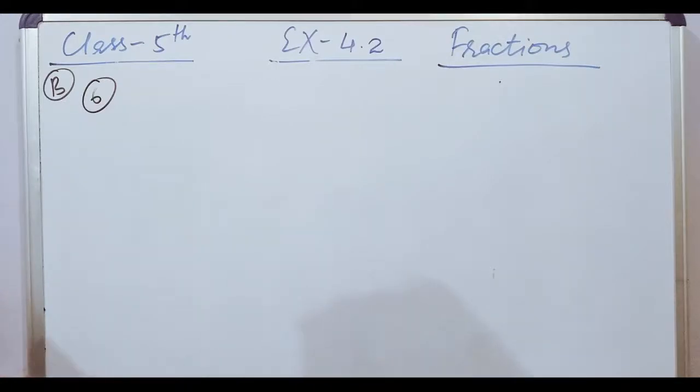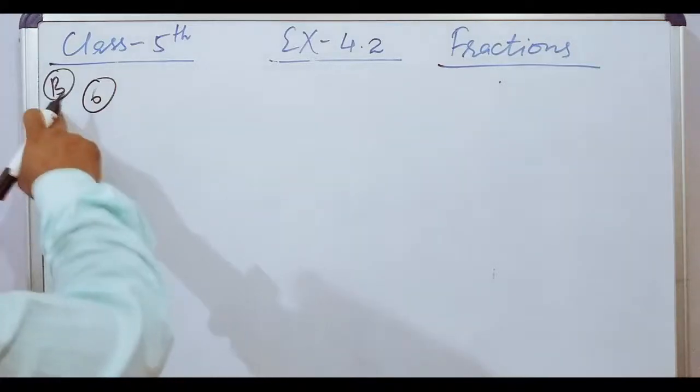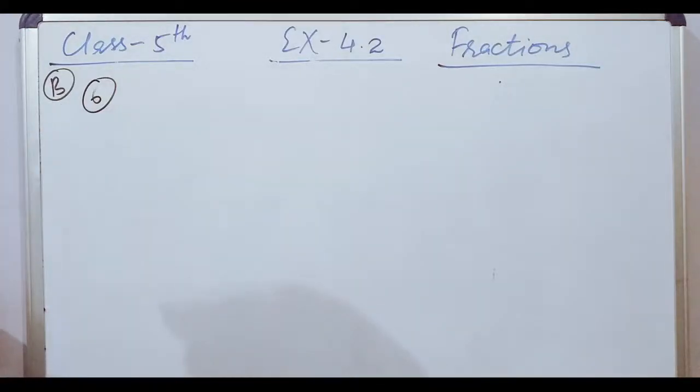We can find by both methods, but in this question of part B only we have to reduce to the lowest term by the common factor method, by dividing numerator and denominator by their common factors.